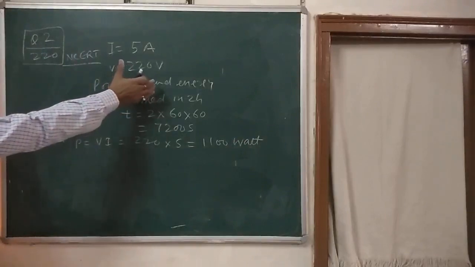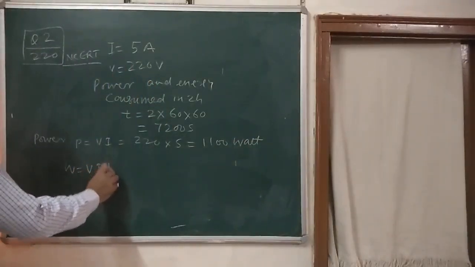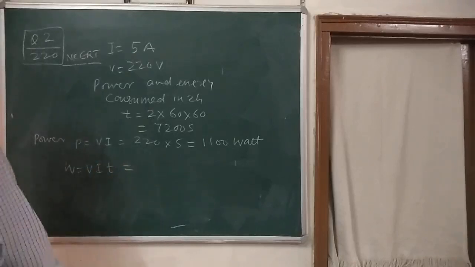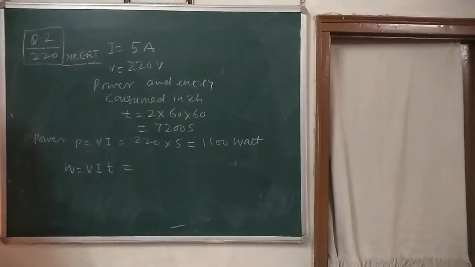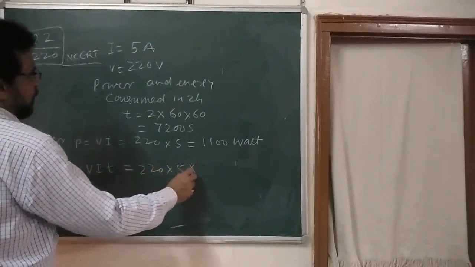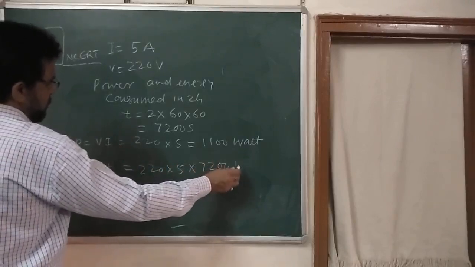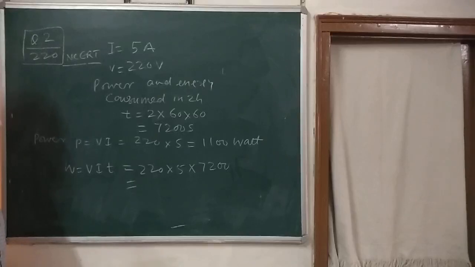The second one is energy consumed. And the formula for the energy consumed is VIT. You have all the things. So 220 into 5 into 7200. Always remember that in physics, if you have remembered all the formulas, then numericals are very, very easy.